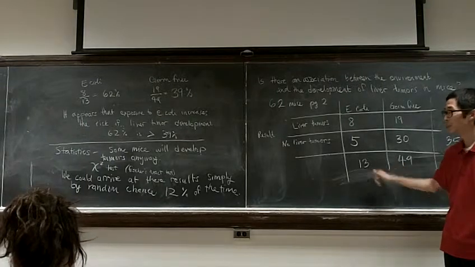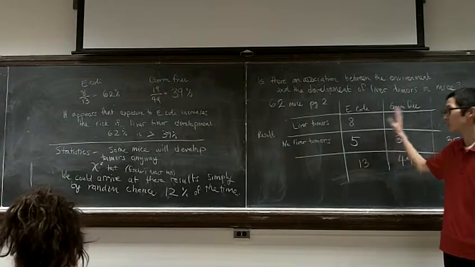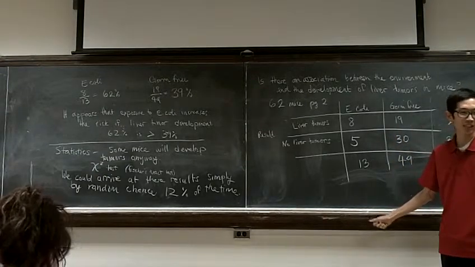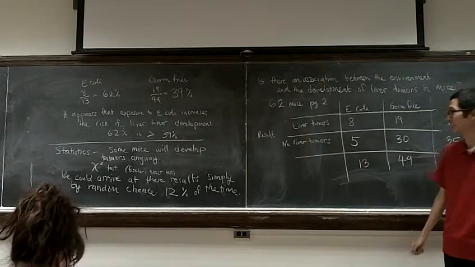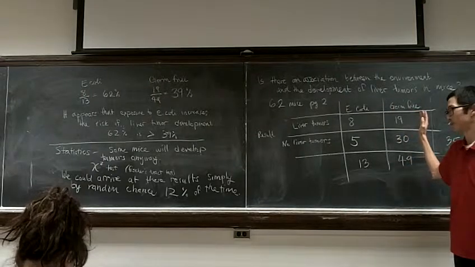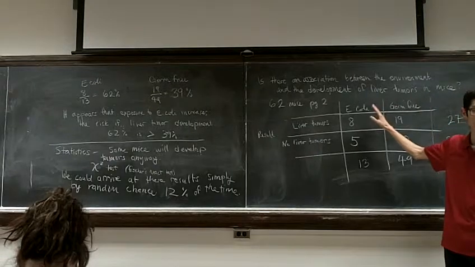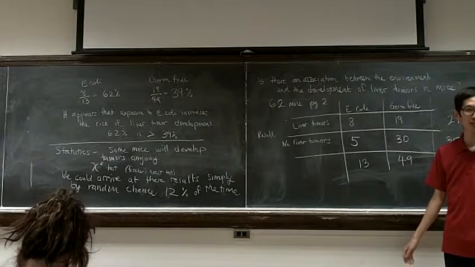And so our answer is, with this much data, I cannot make a strong conclusion. That's all we can say at this point. You just say, I don't have enough data to decisively conclude that there's an association between liver tumors and E. coli.